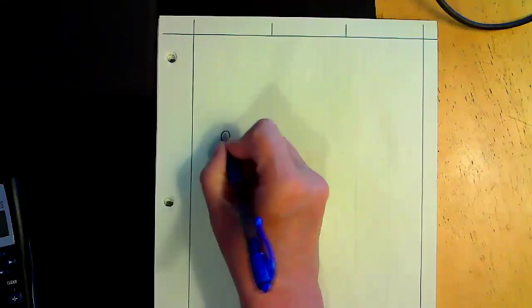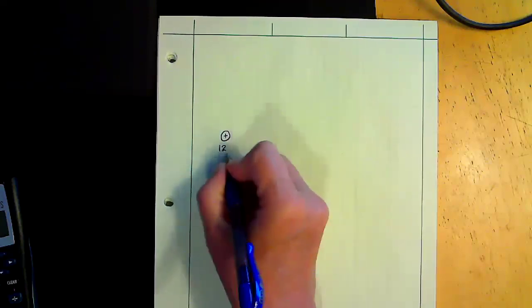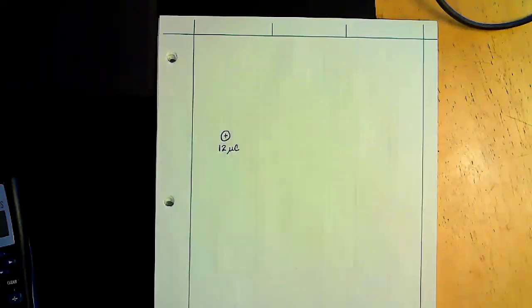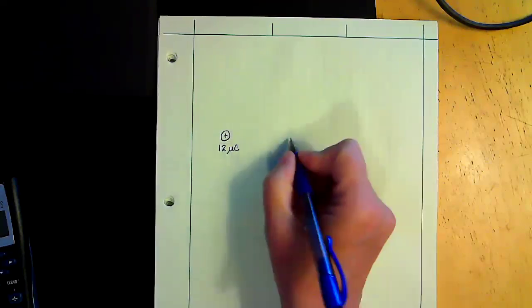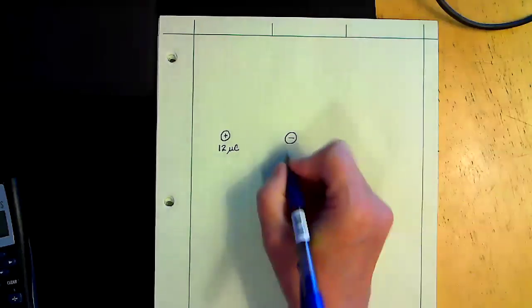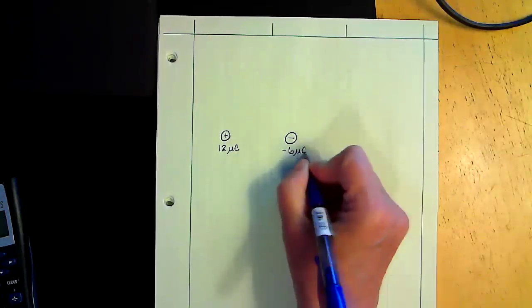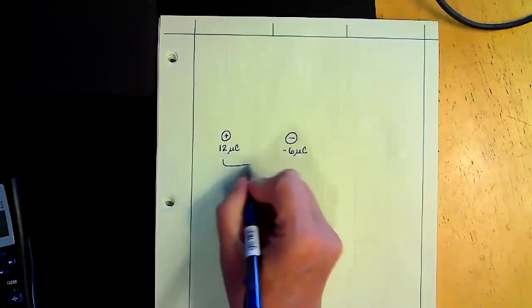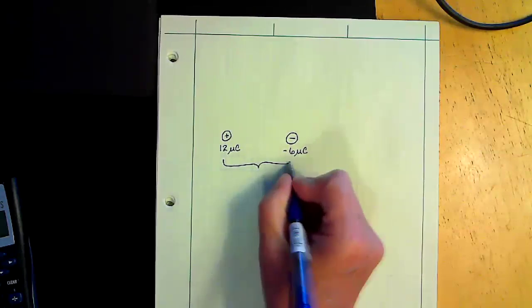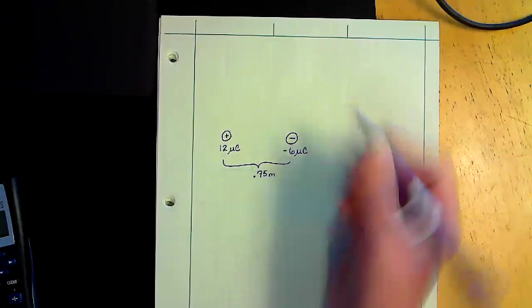So I've got a positive charge. We're going to go ahead and use our same 12 microcoulombs. And I'm going to go ahead and do a negative charge. And this time that's a -6 microcoulombs. We're going to give this a distance of, for grins and giggles, 0.75 meters.